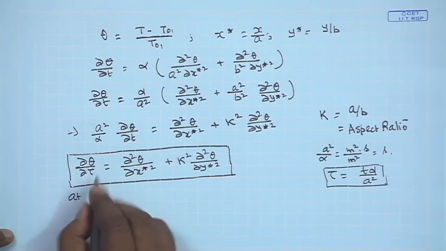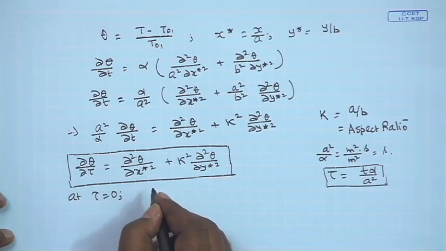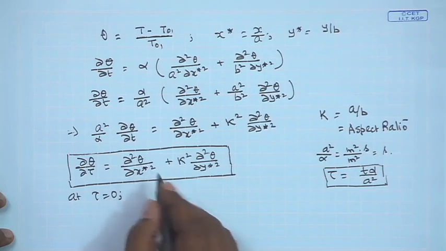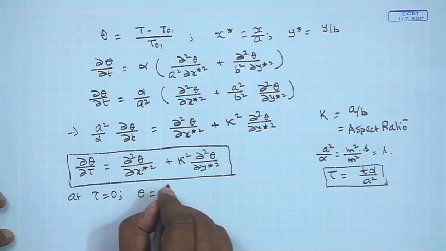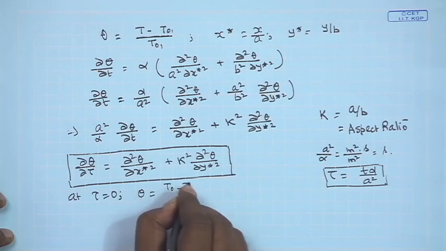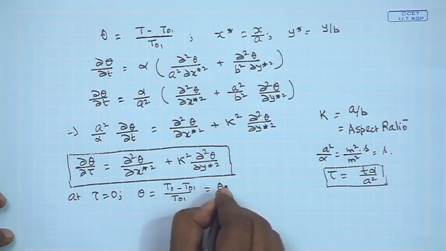Now, our next work is to make the boundary conditions non-dimensional. At t is equal to 0, that means at tau is equal to 0, my t is equal to t naught. So, my theta will be t naught minus t01 divided by t01. I call this theta naught.